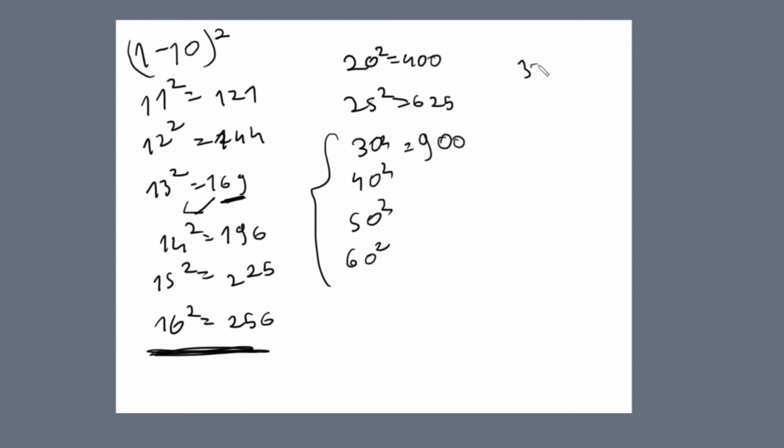Because it's basically 30 times 30. And you forget the zeros, you get 9, and you re-add them back. As well as with 40, you forget the zeros, you multiply them, you re-add the zeros, you get 1,600. And the same thing, and so on and so on. These are the perfect squares that you need to use.